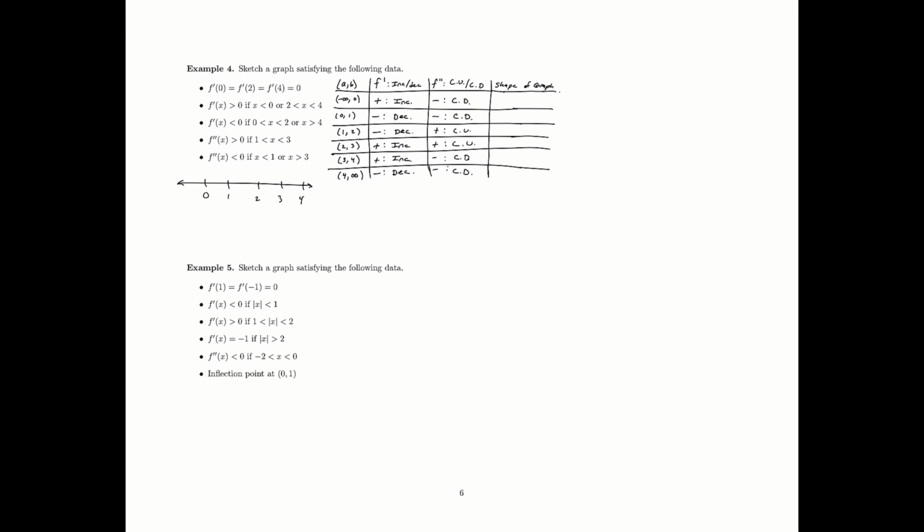At 0, because we're going from positive to negative, this means we're going to have a maximum. And I'm just going to say a differentiable maximum. So in other words, something that's smooth like this, not a sharp peak like that. This means the derivative doesn't exist. This means the derivative is 0 because we have a horizontal tangent there. So we've got a differentiable maximum there.